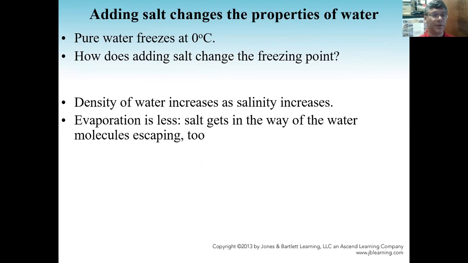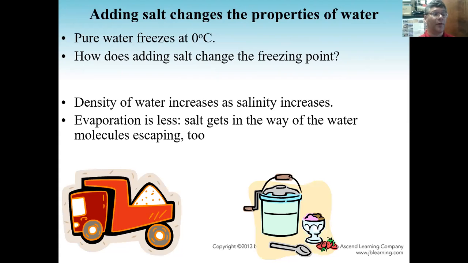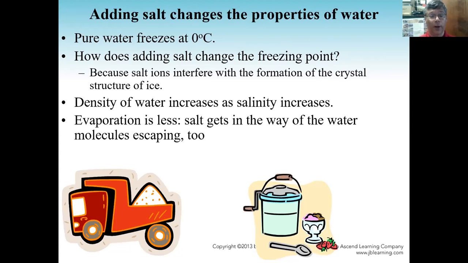Well, you're probably familiar with some examples of adding salt, whether it's dumping salt on roads and sidewalks in winter, or if you've ever done the old-fashioned sit there and turn the crank, ice cream churning. Characteristically, salt is mixed with ice, packed around in the freezer compartment, because having the salt lowers the freezing point. It has to be colder to freeze salt water than fresh.